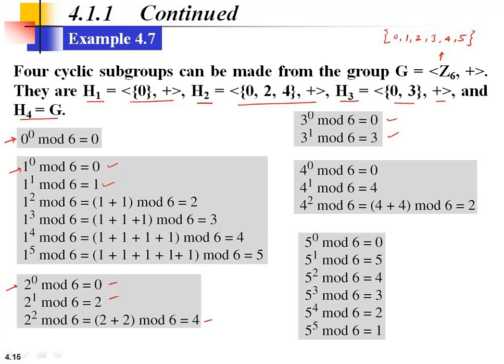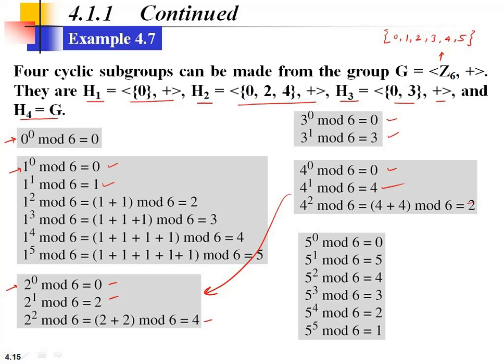Similarly, if we see 4, it generates the same elements generated by 2, that is 0, 4 and 2. These two are equal. If we see 5, it is able to generate all the elements 1, 2, 3, 4, 5 and 0 itself, so this would be equal to the group G itself.